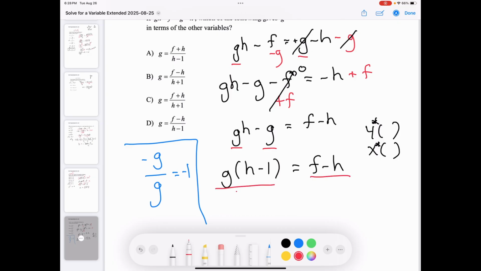So I have to divide both sides by H minus 1. And that's going to cancel out the H minus 1s on the left. And that leaves me with G equals F minus H over H minus 1. And that means my answer is D.